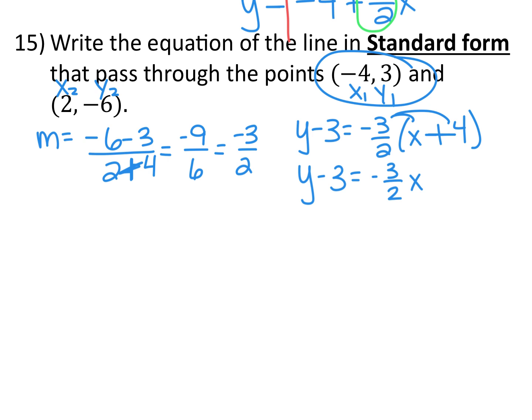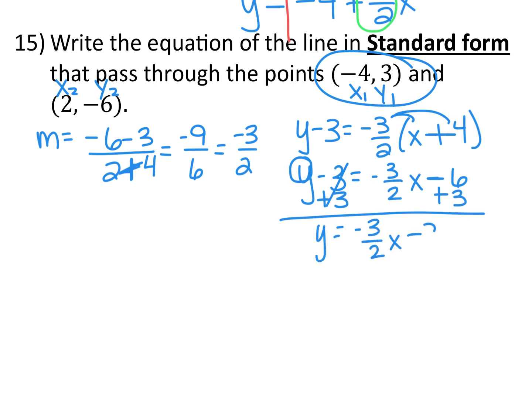A negative times a positive is a negative, and 3 over 2 times 4 is 6. Now I need to get my y by itself, so I'm going to add my 3 because it was a minus. Got to do the opposite. y equals negative 3 over 2x minus 3. Now, if you did list and spreadsheets, this is where you would come in.